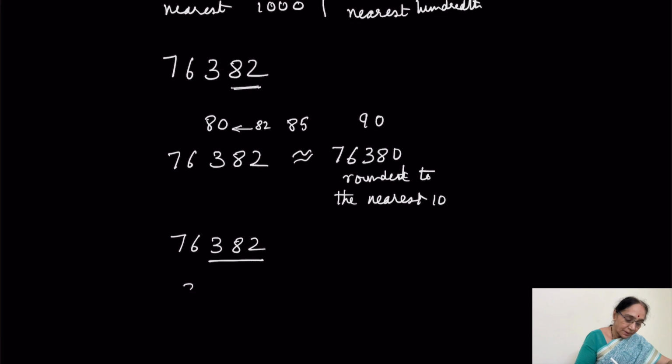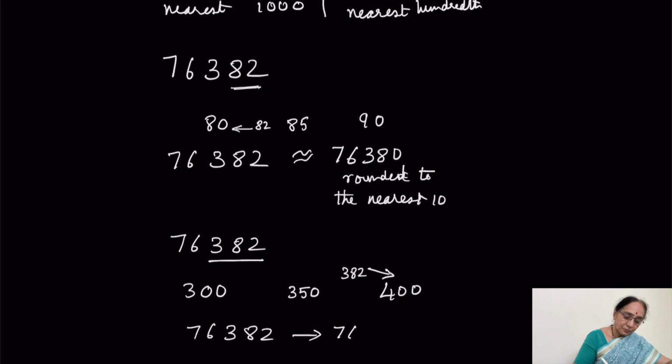So you have 300 and 400, and right in the middle you have 350. And where is this 382? 382 is after 350, so it is closer to 400. So now the last 3 digits will be 400. 76,382 will be rounded to 76,400.